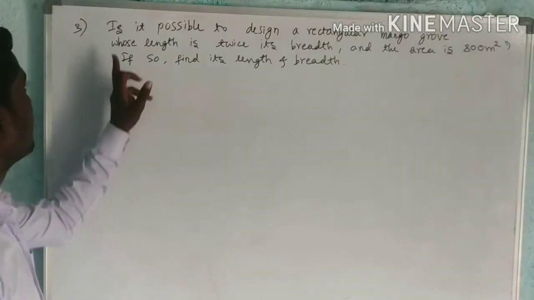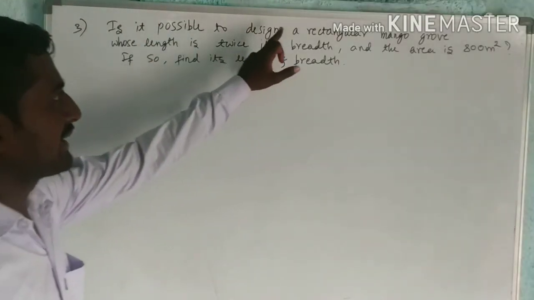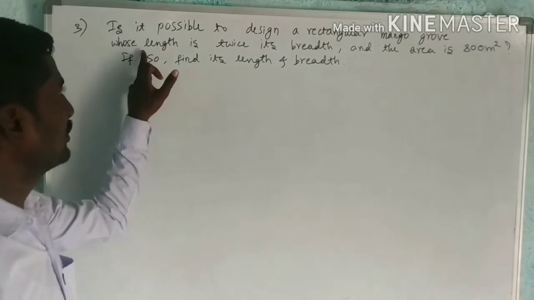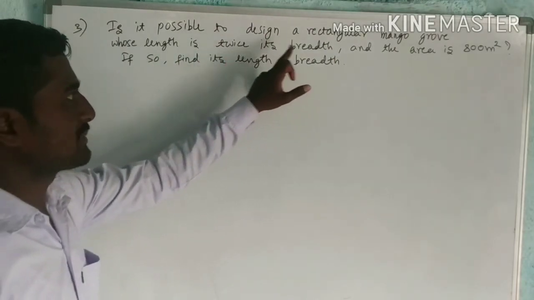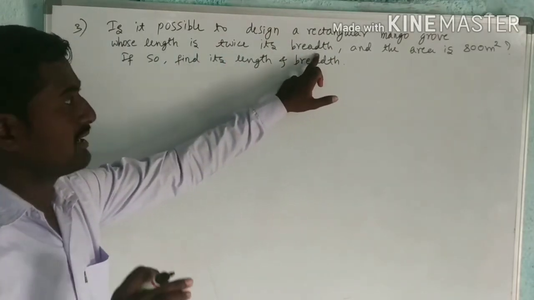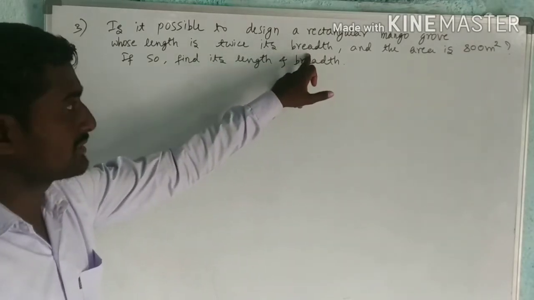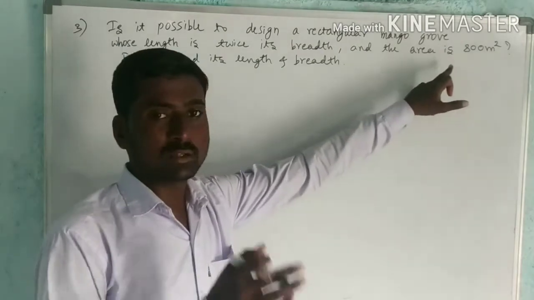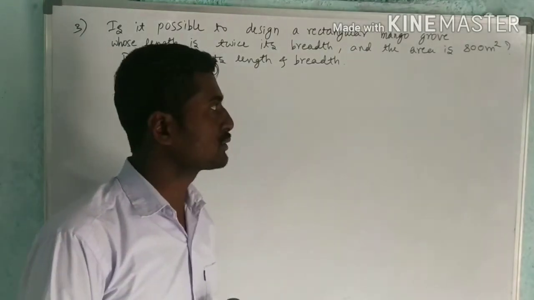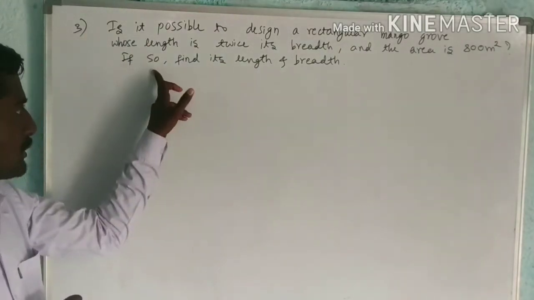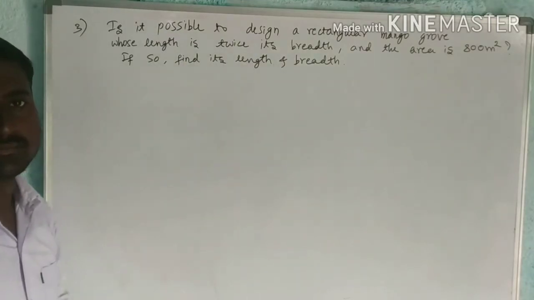Question: is it possible to design a rectangular mango grove whose length is twice its breadth, and the area of that grove is 800 meters square? If so, find its length and breadth.